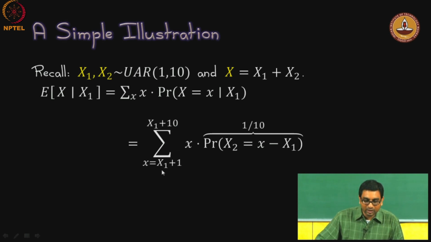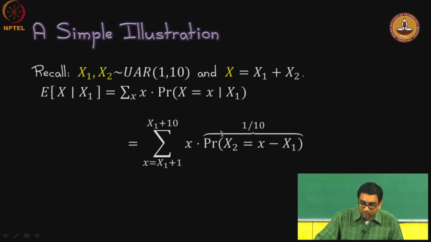So, this lowercase x runs from x1 plus 1 to x1 plus 10, and of course, you have to sum the individual elements weighted by their probabilities. Now, what is this probability that x equals this lowercase x conditioned on some x1? This uppercase x has to take on a specific value x conditioned on the value of x1.